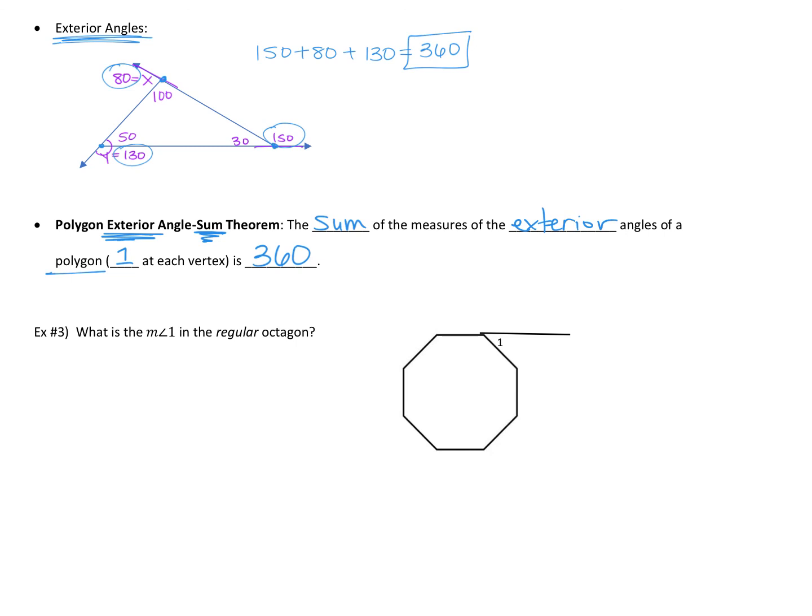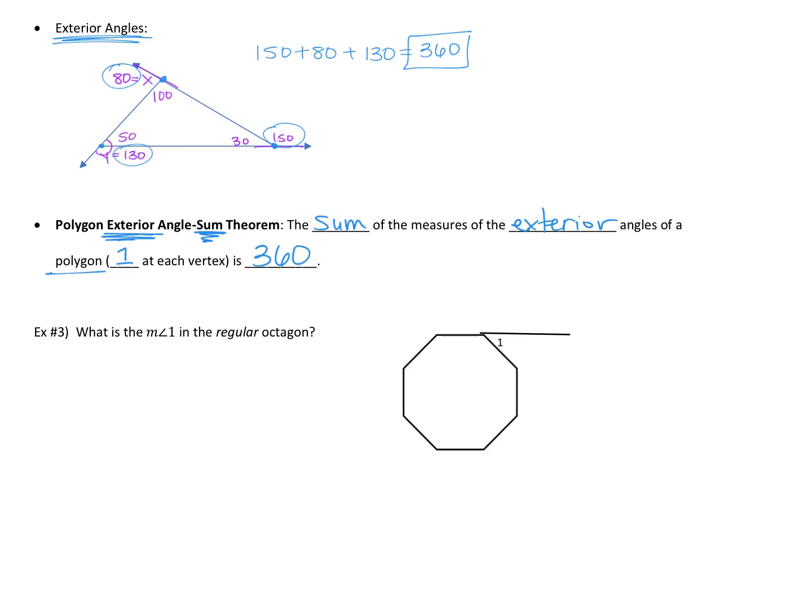So notice, the interiors do not have a set total. Those change all the time. 5 minus 2 times 180 is 540. 6 minus 2 times 180 is 1080. That number changes. If we're talking about the exteriors for a pentagon, for a hexagon, for an octagon, they will always add up to 360, always, okay?